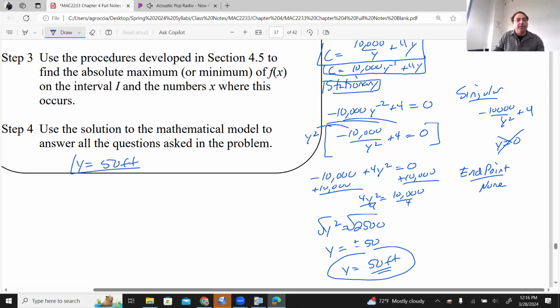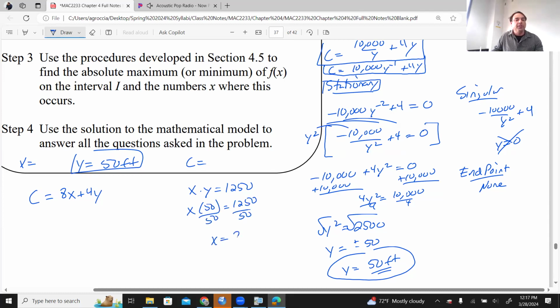Remember, the equations we're given are cost equals 8x plus 4y and x times y equals 1250. I need to find x and I need to find cost. So I plug in 50 for y, divide by 50 on both sides, and x equals 25. Now I have x and y, which means I can solve for cost.